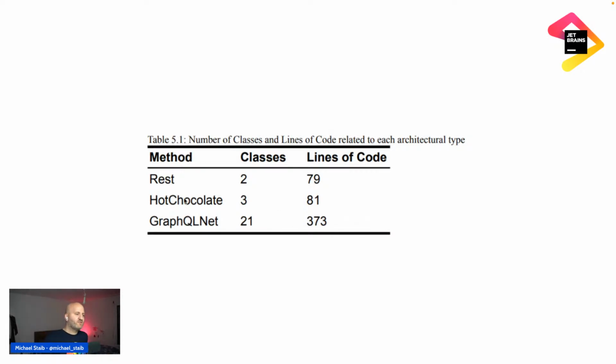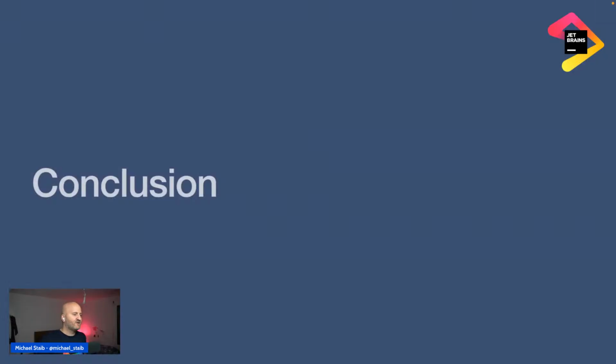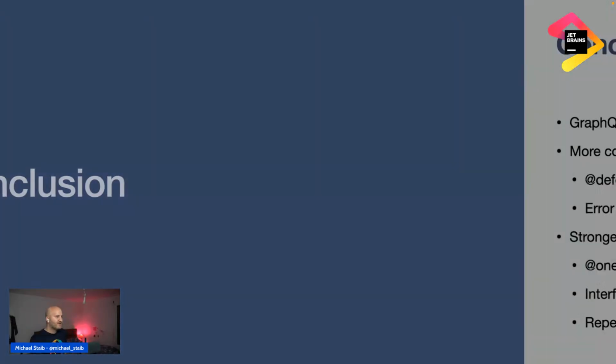But since GraphQL is more structured in the way that we have a mutation class and subscription class and things like that, and you don't put all these things into one class, we have 2 more lines of code than the typical REST API and 1 class more. But apart from that, it's a good thing to use GraphQL. I encourage you to try it out.